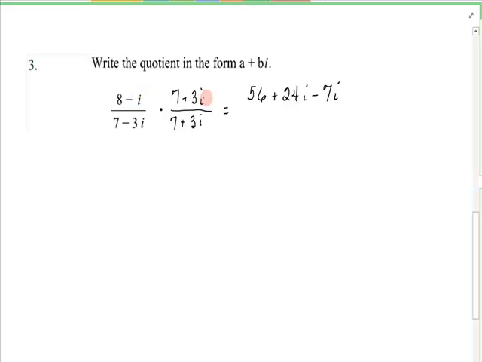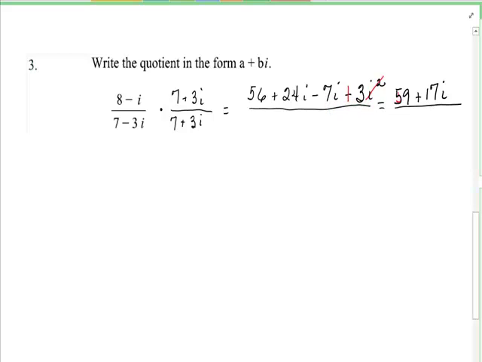Last, negative i times 3i is negative 3i squared. Let's finish that. We know that i squared is negative 1, so when you multiply that by negative 1, it's positive 3. We have 56 plus 3 is 59. 24i minus 7i is positive 17i.